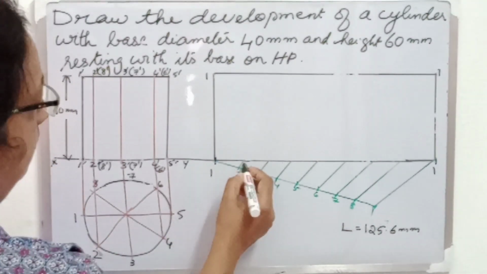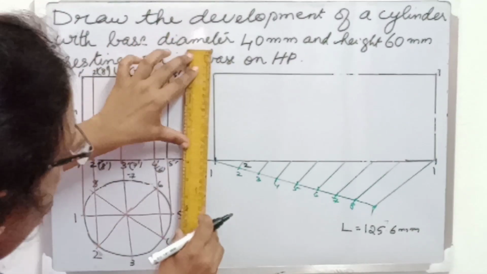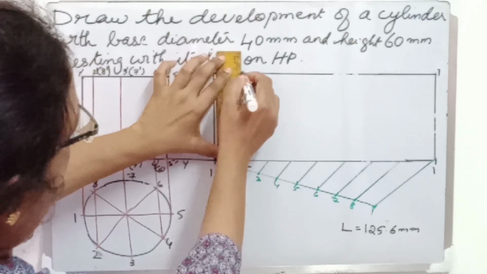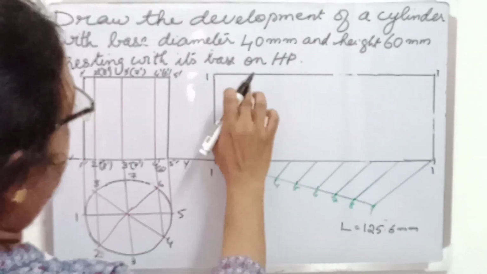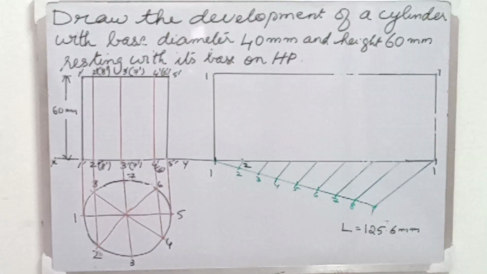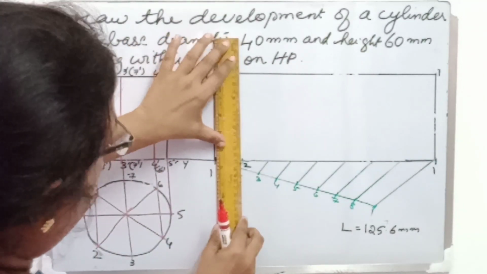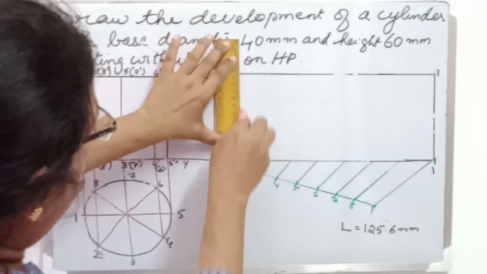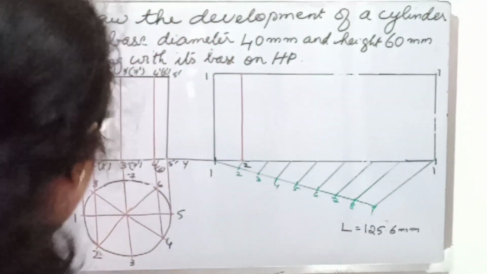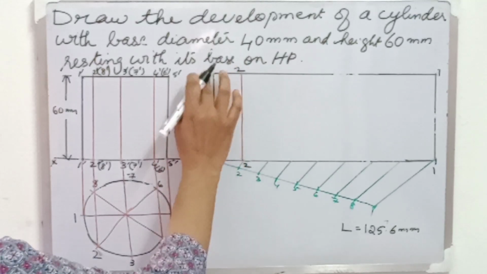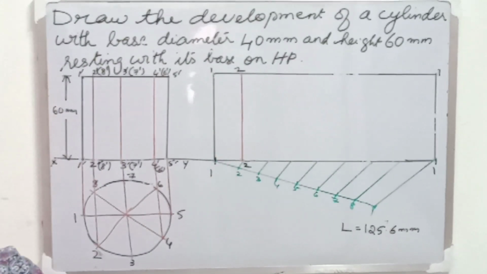Since we have divided the line into 8 equal parts, let us draw the generators now. Now these generators should be drawn using thin lines, as they are not edges. So here I have drawn a vertical line from 2 to the top edge. That point is also 2.